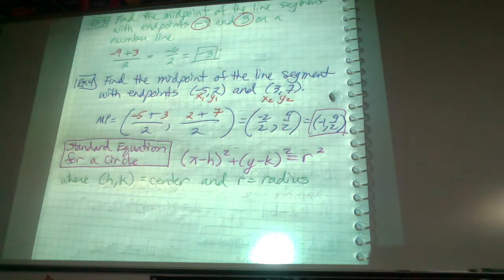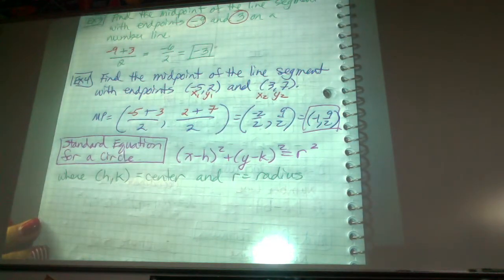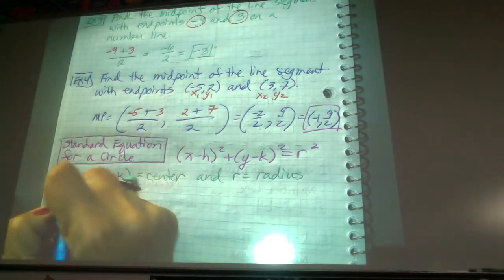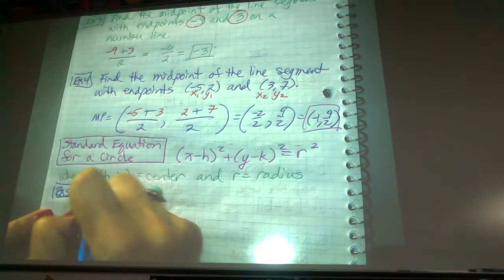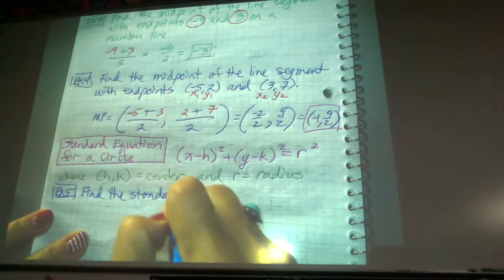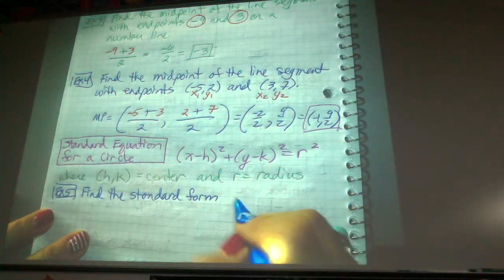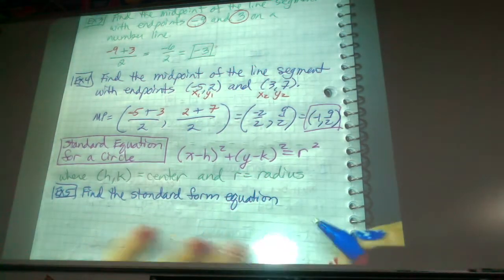So, example 5. Write small. Do down here at the bottom. Find the standard form equation of the circle.